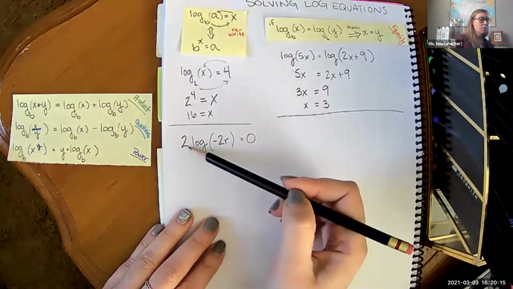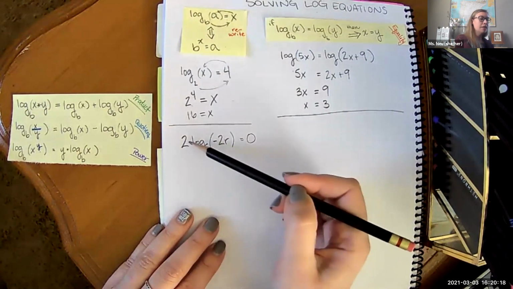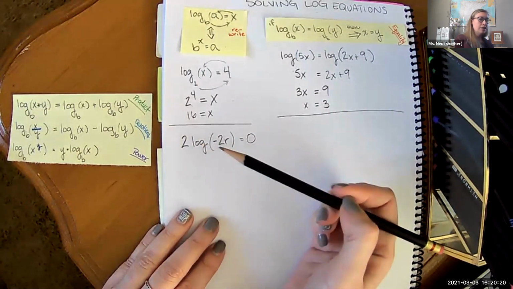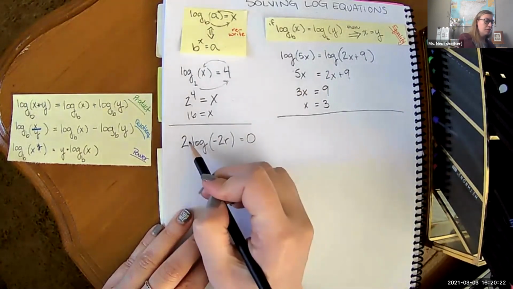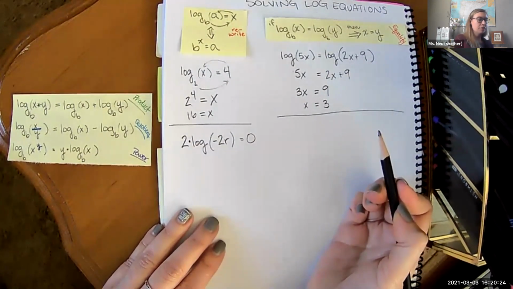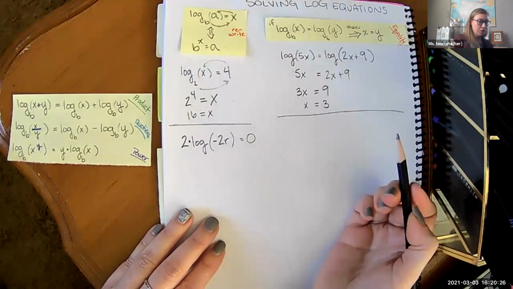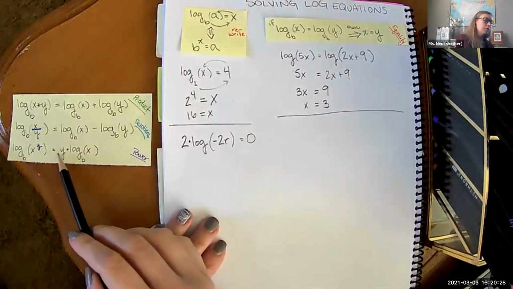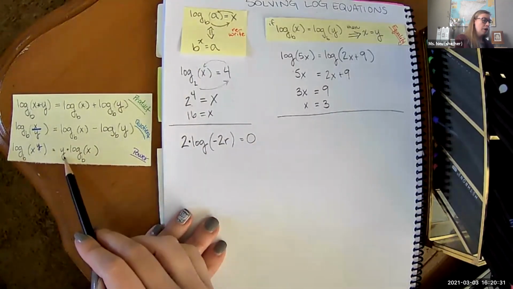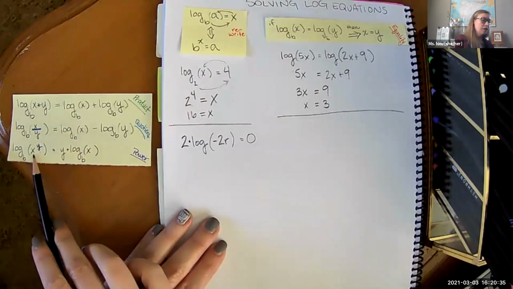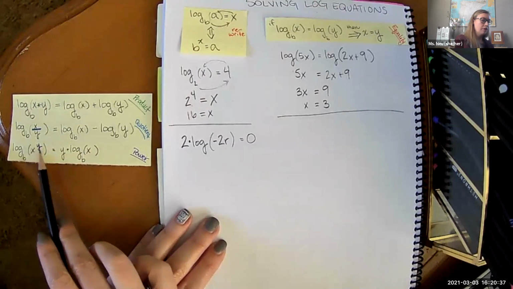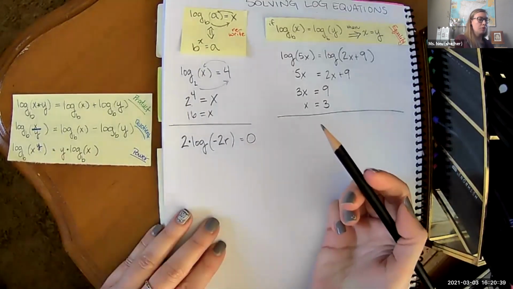But over here, I've got this multiplier of 2 out in front, and I got to take care of that. Now, there's two things that I can do. This 2 is just being multiplied, right? So to undo multiplication, I can do division, or I could use the power rule stated over here, where if I have this multiplier out in front, I can bring that up to be in the power of whatever I'm taking the log of. I'm going to do it both ways.